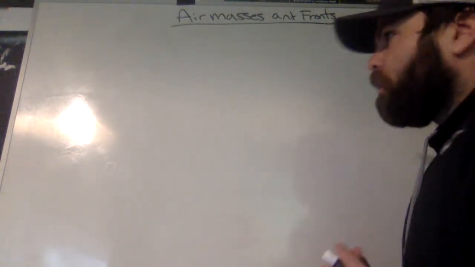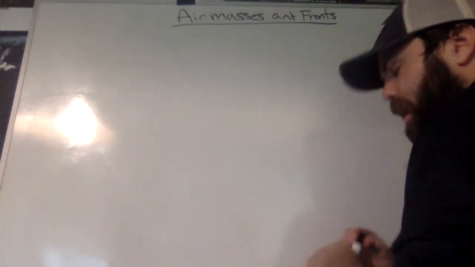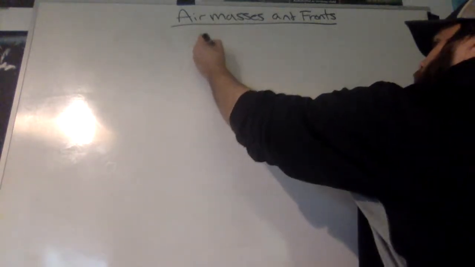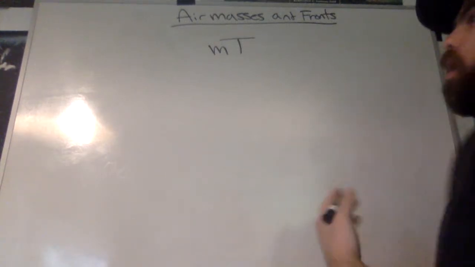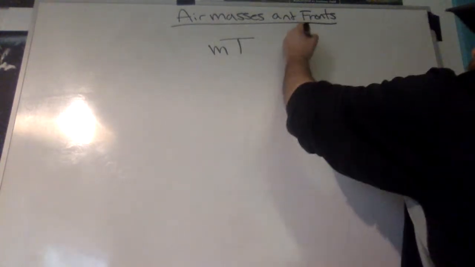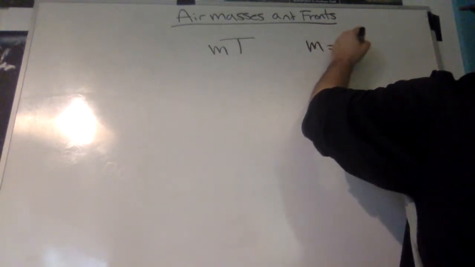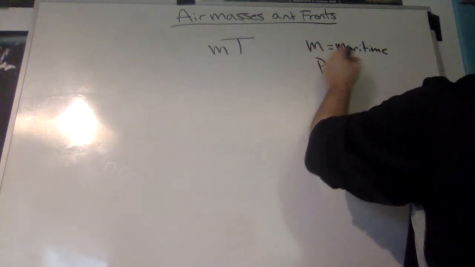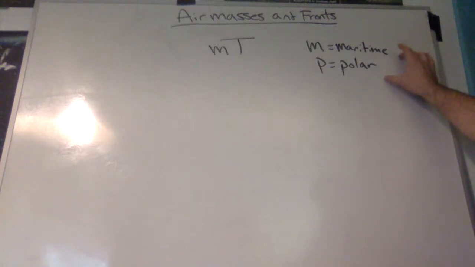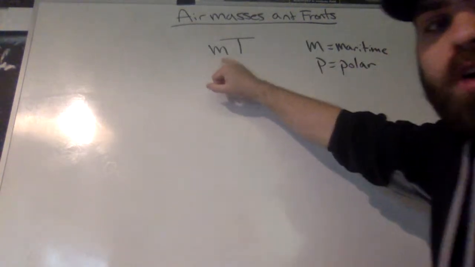Remember, there's only a couple of different air masses that we find on Earth. M equals maritime and P equals polar. Those are the two first letters that come up in an air mass.